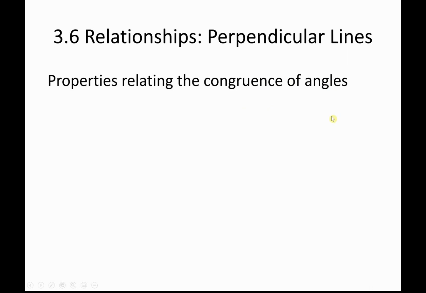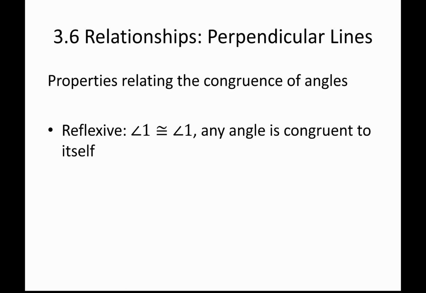So what does it mean to be congruent in terms of angles, and does this relation have the following properties? You might recall these from earlier in chapter 3, the reflexive property, which is just saying that anything is equal to itself or has the relation to itself that's being named, the relation being congruence of angles.